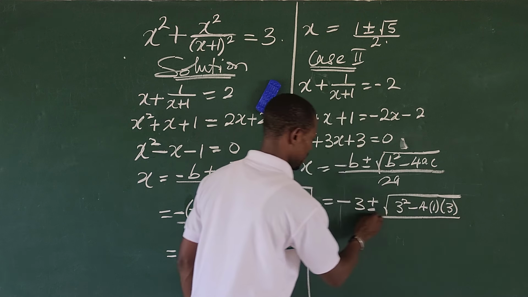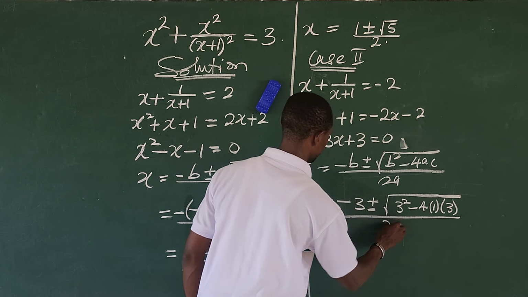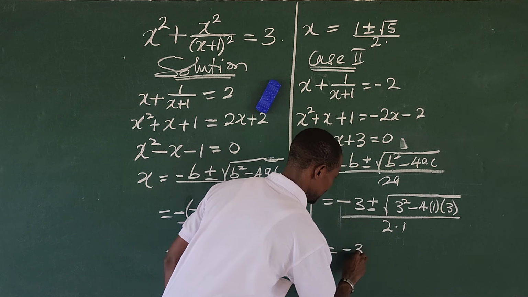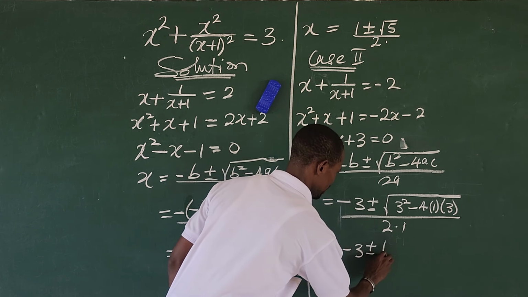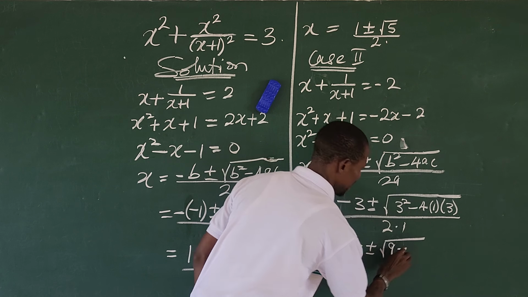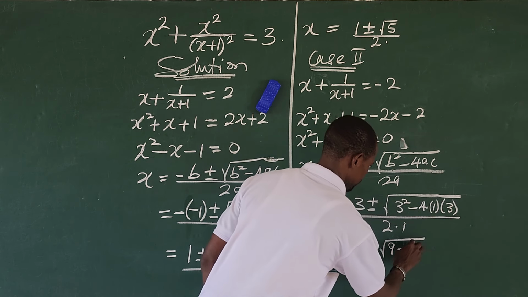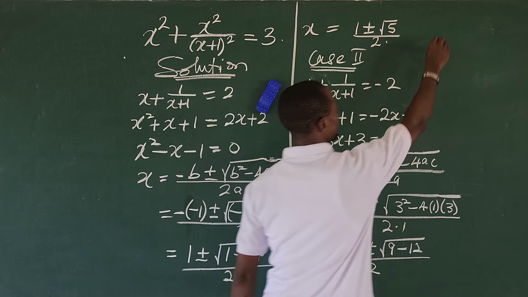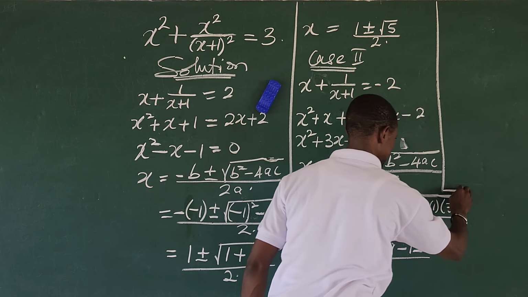So everything here all over 2 times 1. So we have this to be minus 3 plus minus the square root of, here we have 9 and minus 4 times 1 times 3 will give us 12. Everything all over 2.